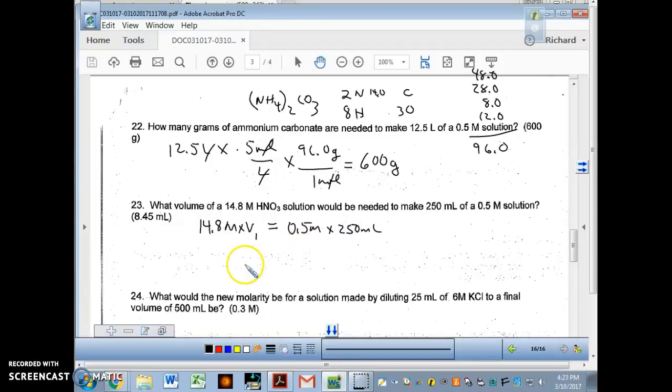So, rearranging, V1 is 0.5 molar times 250 milliliters over 14.8 molar, and that comes out to a lousy 8.45 milliliters. So it doesn't take very much of this concentrated to make this fairly dilute solution, we're making a quarter mole of it.